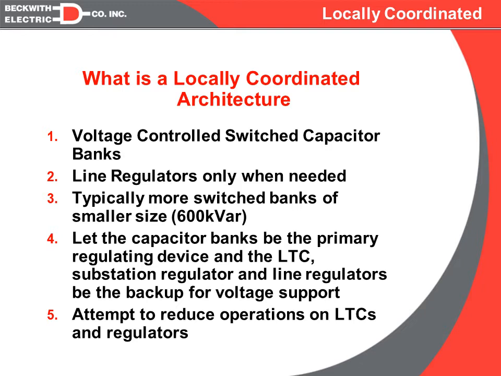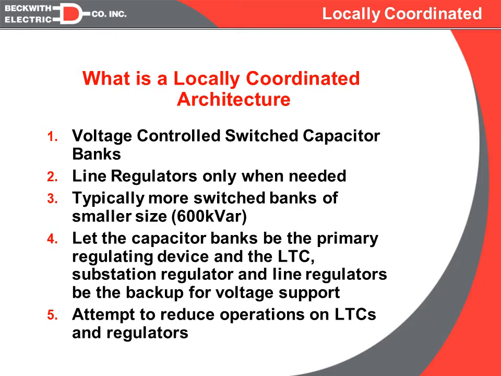So typically in a 12 kV range maybe 600 kVAR banks, and in a 25 kV range maybe 1200 kVAR banks. And we may have anywhere from 4 to 8 or 10 capacitor banks on each circuit, depending on the length of the circuit. Then we're going to try to have the capacitor banks be the primary regulating devices on the circuits in order to reduce the operations on our LTCs and our regulators.